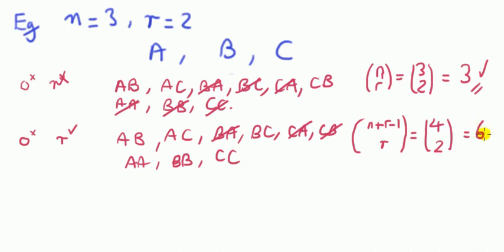The answer is 6. Great, so we've done it by listing and also using the formula. I think listing helps you think more intuitively about what's going on, because if you just apply the formula, you can't see what's going on.